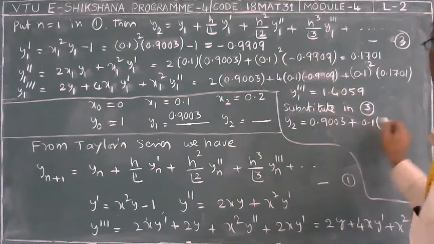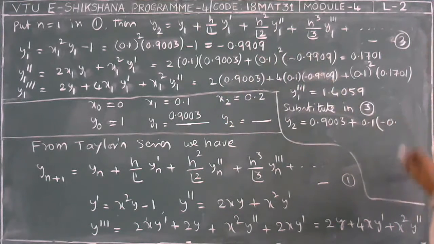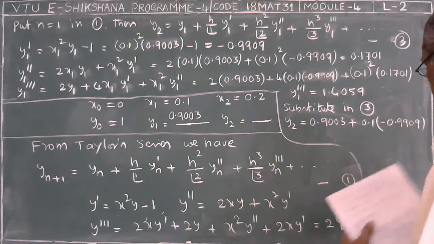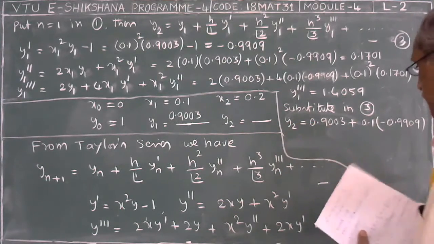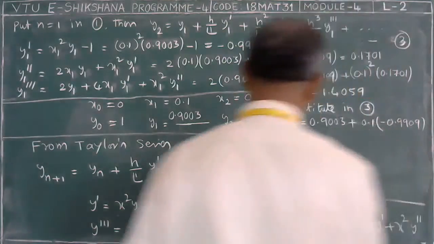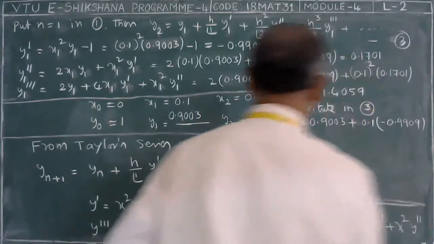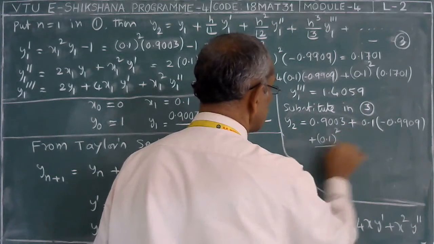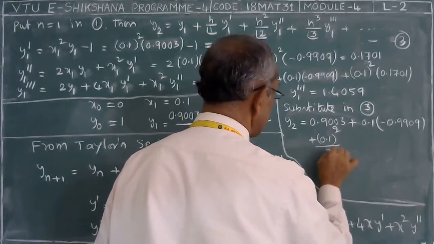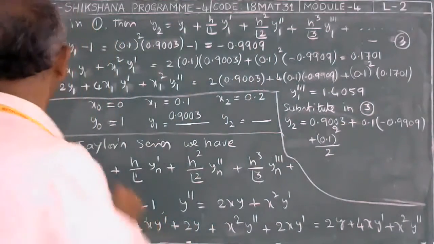Y1 dash is minus 0.9909, close the bracket, plus h square, 0.1 whole square divided by 2 into y1 double dash.